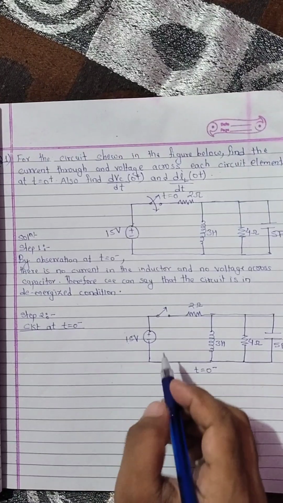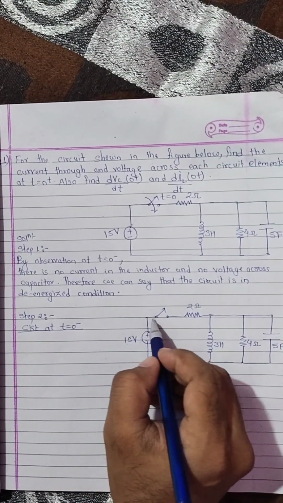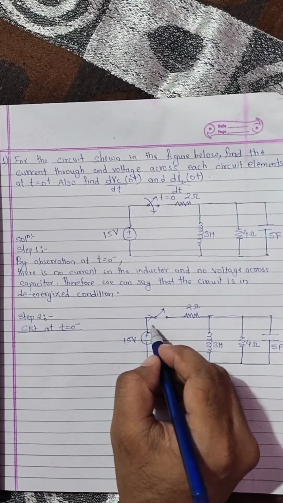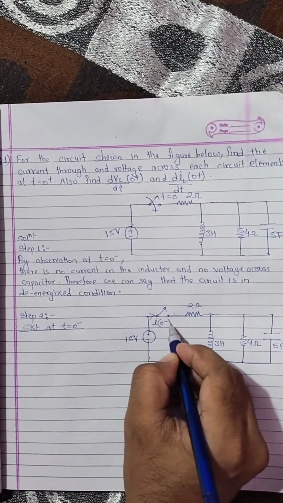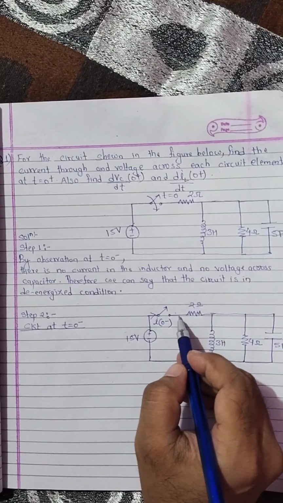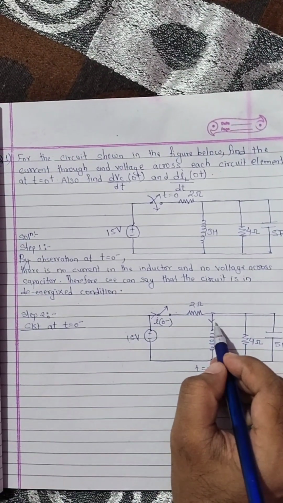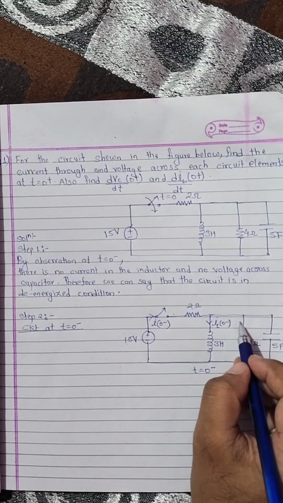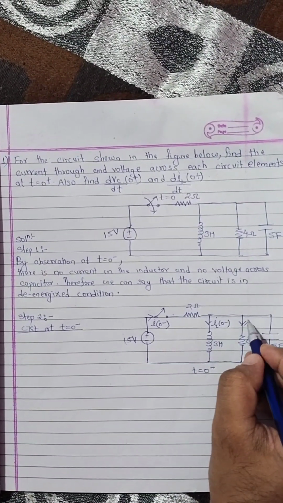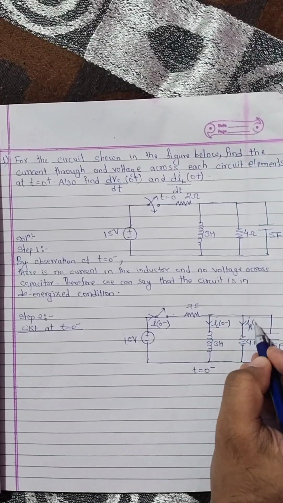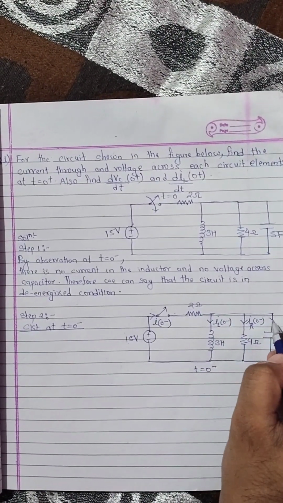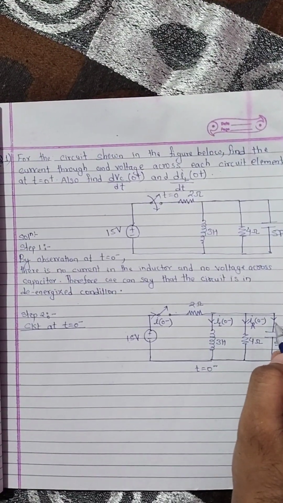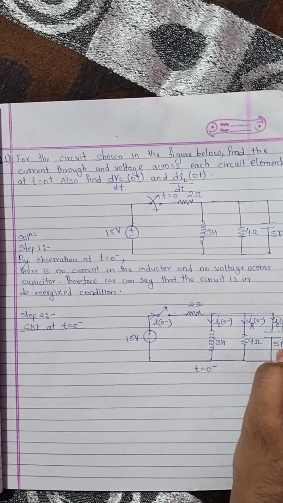So now we will assume the direction of current. Let us suppose in this branch the current is I0 minus, and in this branch the current is IL0 minus. In this branch let us suppose the direction of current is IR0 minus, and in this branch the current is IC0 minus.